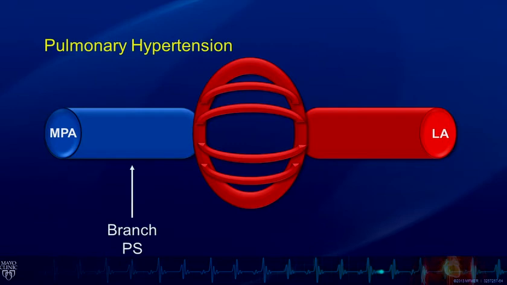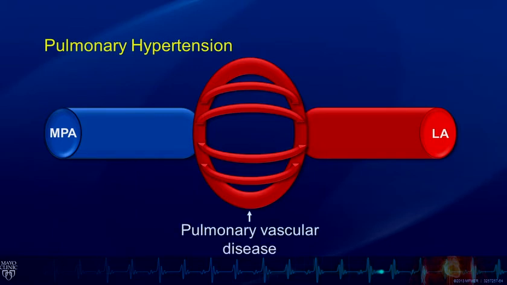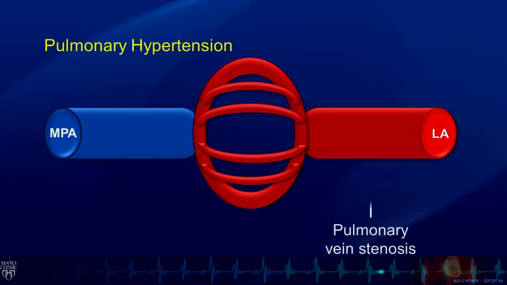Now usually we need bilateral or significant branch PS to cause elevation of the main pulmonary artery pressure, but that's something that we should consider, and we can see the proximal branch PAs with echo and can Doppler those, so that should be performed. Now we may truly have pulmonary vascular disease, and that's really what we want to understand if we're anticipating whether or not we can close a septal defect.